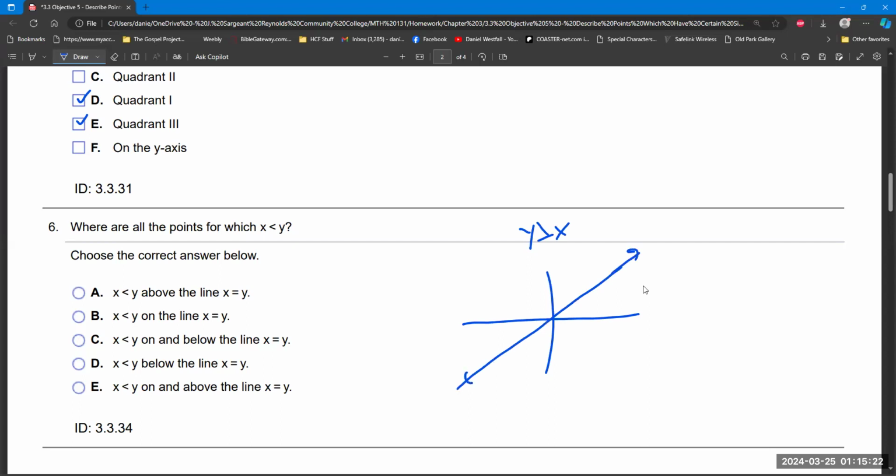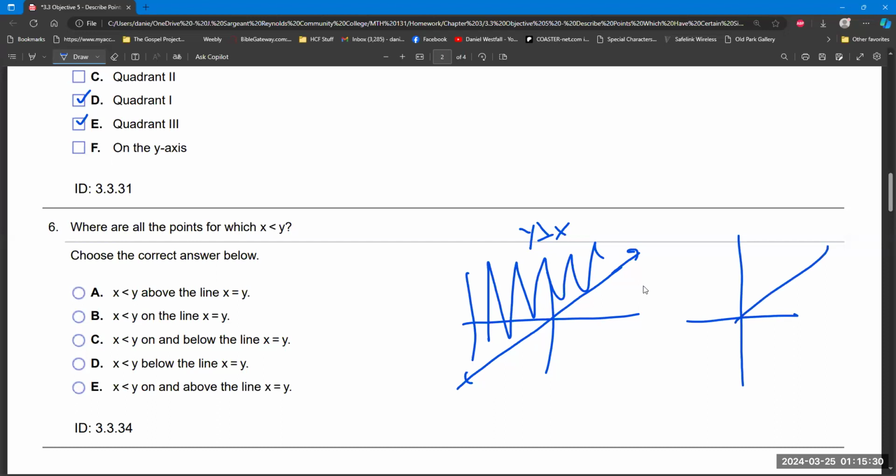And if y is greater than, we're going to shade above the line. This would be the same thing as having that line x equals y or y equals x. If x is less than, it's going to be to the left of the line. So we can say x less than y is above the line x equals y.